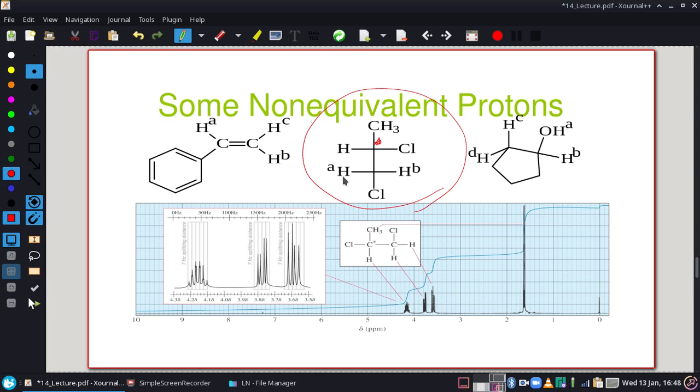These 2 hydrogens do not behave the same anymore, because if I were to replace HA, I get one particular stereocenter, and it would be totally different than if it's HB, but they're not enantiomers of each other. They would be diastereomers. So if this was a halogen, I have almost a different structure than if this one is a halogen. All right, because of that, A and B behave independently.